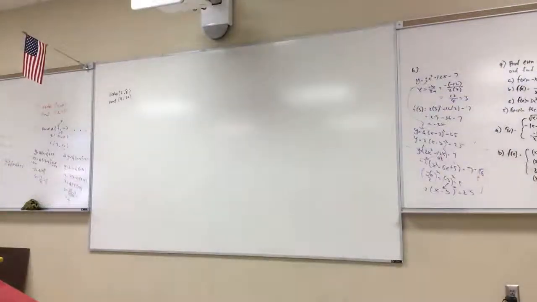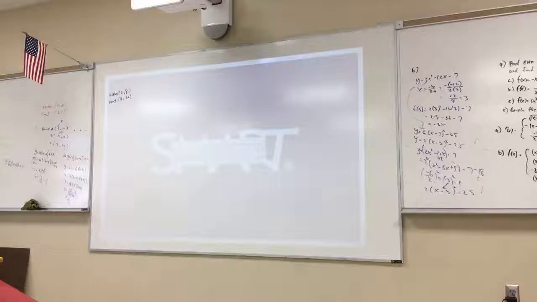Which one is the best fit? How are we going to find the equation going through those 2 points? By graphing. Well, you can graph, but it's not going to be very accurate. Any other way, like algebraically? Vertex form. Standard form.